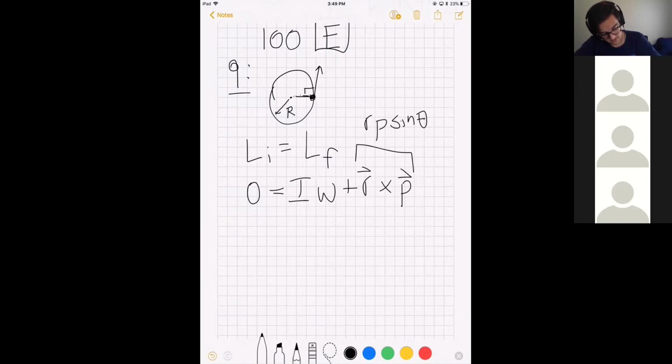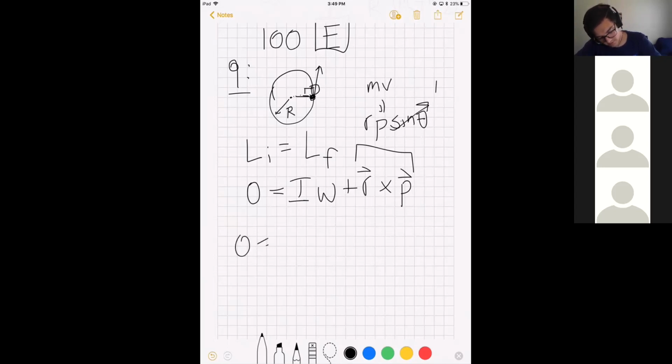This is very confusing, actually. The ball should be sitting right here, because this is the situation where the ball is just after it's been thrown. So r p sine theta, that theta is 90 degrees, so that's got to become 1. p is equal to m times v.